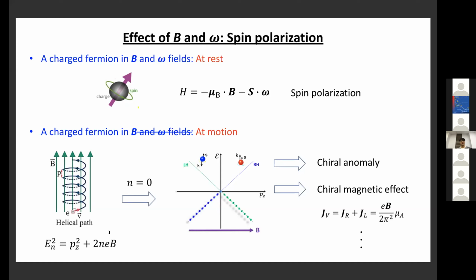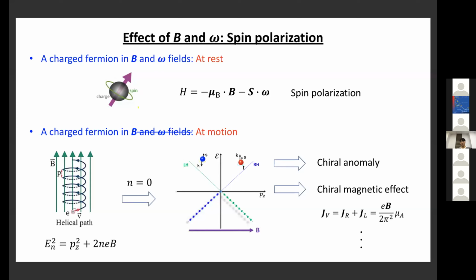The lowest Landau level is quite special because here I consider massless fermions, and in this case, you will have two branches of the dispersion relation, one corresponding to the right-hand fermion and another corresponding to the left-hand fermion. In this lowest Landau level case, the special thing is that the spin is fully polarized.